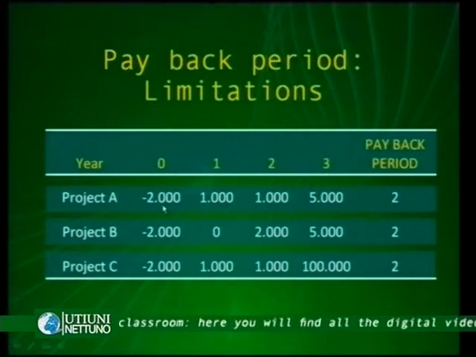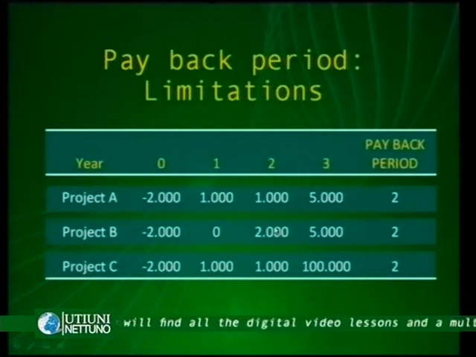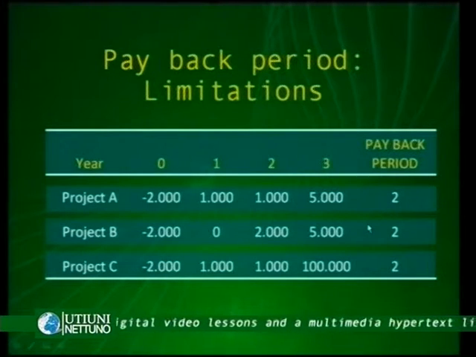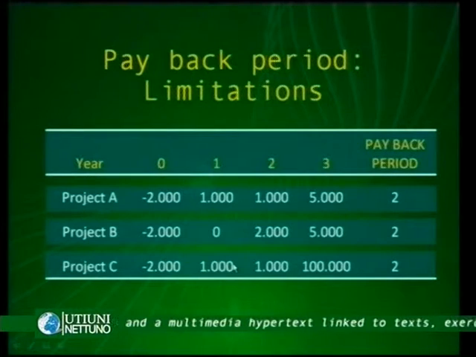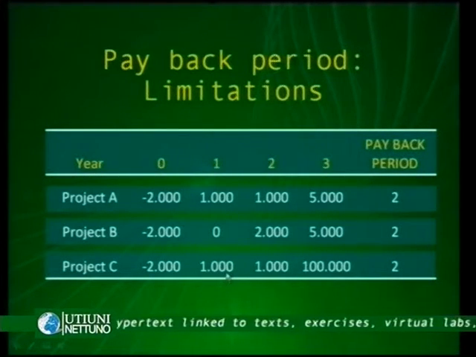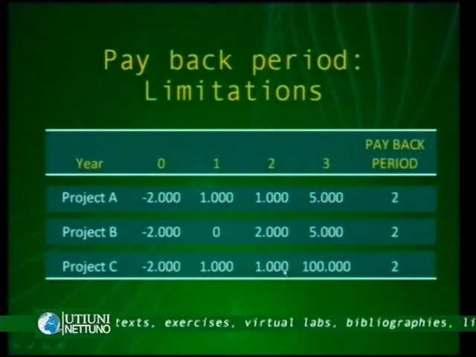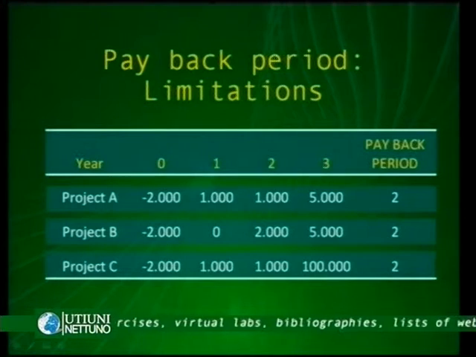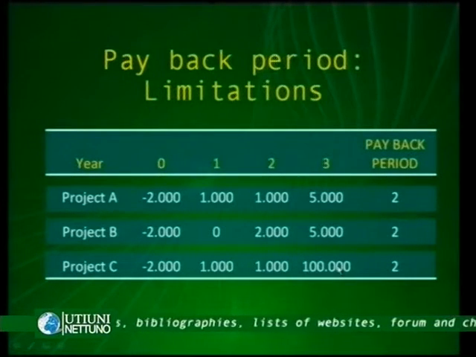Project B, instead, has no inflow at time 1, an inflow of 2,000 at time 2, and an inflow of 5,000 at time 3. Project C is similar for the first 2 years to project A, because there's an inflow of 1,000 at year 1, an inflow of 1,000 at year 2, and then differently from project A, a much bigger inflow in year 3 that is equal to 100,000.